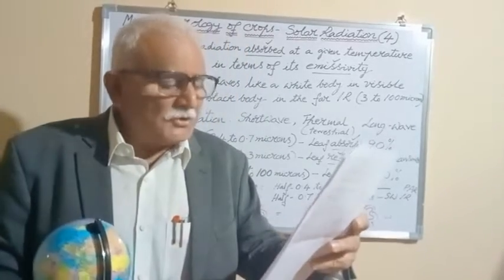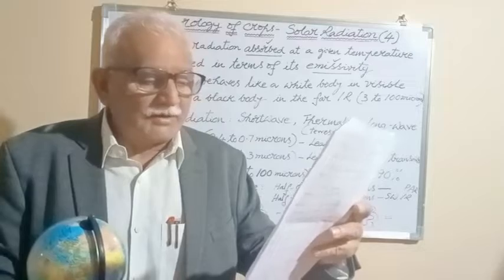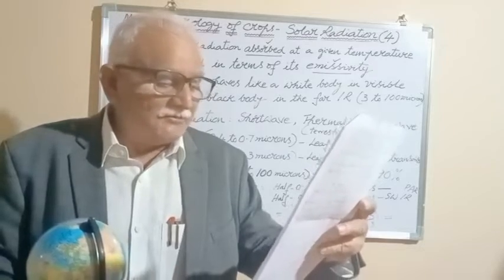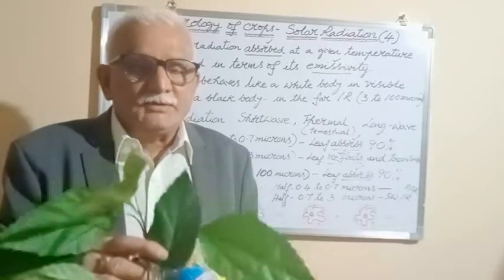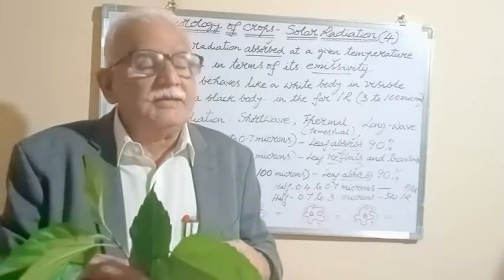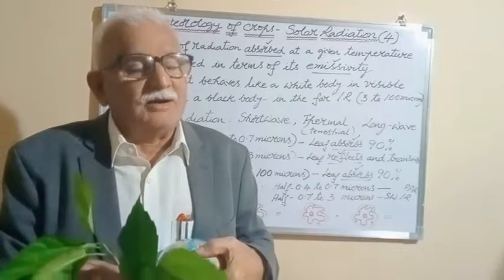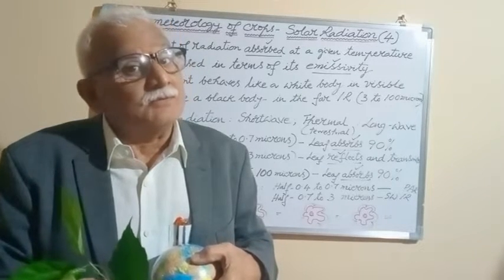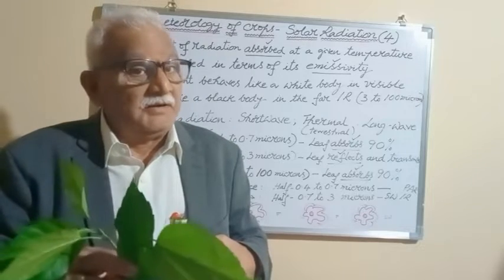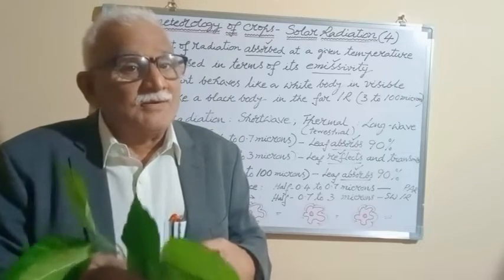Now, usually the maximum amount of solar energy is intercepted by a surface normal to the beam. For a crop, radiant energy is maximally utilized or absorbed when it falls normal to the beam.